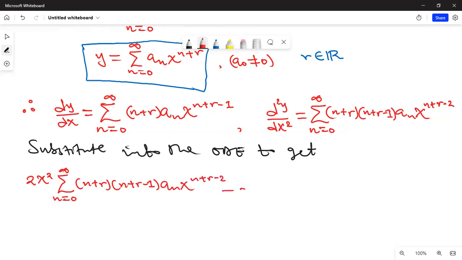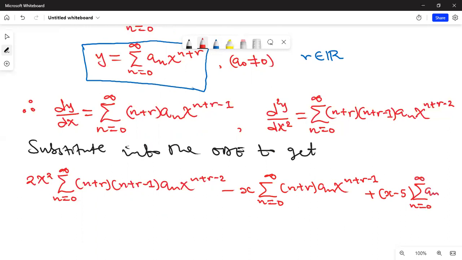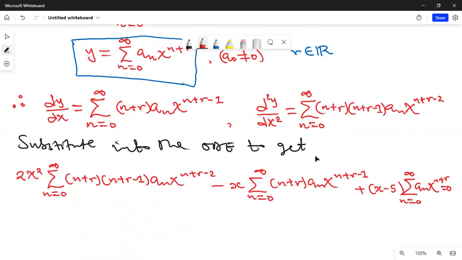Then minus x times the first derivative, the sum from n equals 0 to infinity of (n plus r) a_n x raised to n plus r minus 1. Then the other one is plus (x minus 5) times our y, which is the sum from n equals 0 to infinity of a_n x raised to n plus r. That should give us 0.